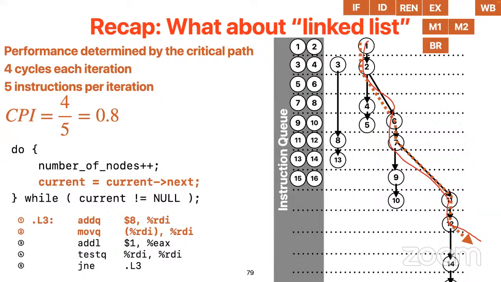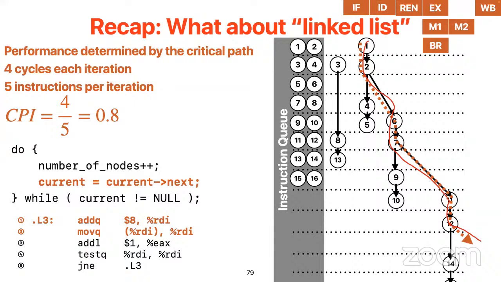So this is how you can learn a lot of things from this graphical representation, and none of this will require you to draw the pipeline diagram. So in the final, all I want is probably asking you, okay, can you tell what are the critical paths of the problem, and can you tell what's the average CPI of this?